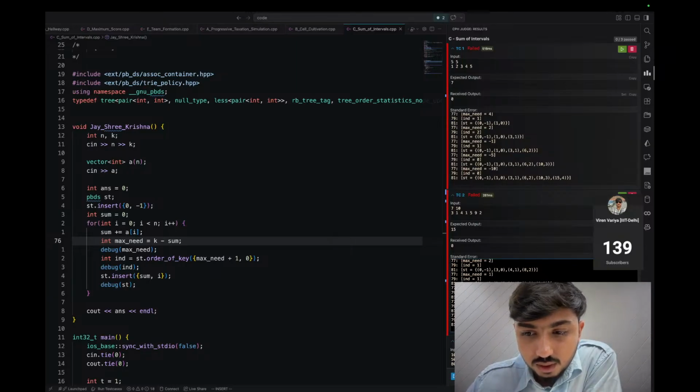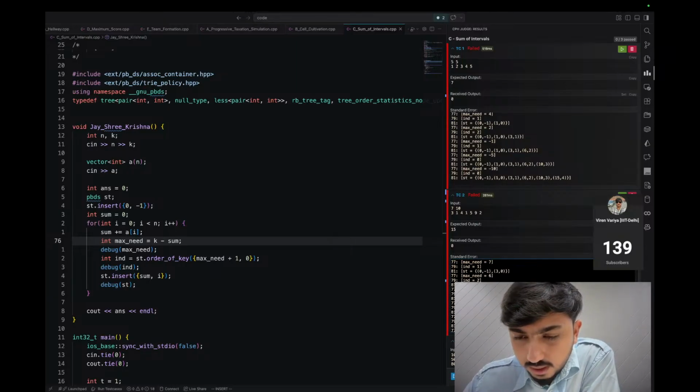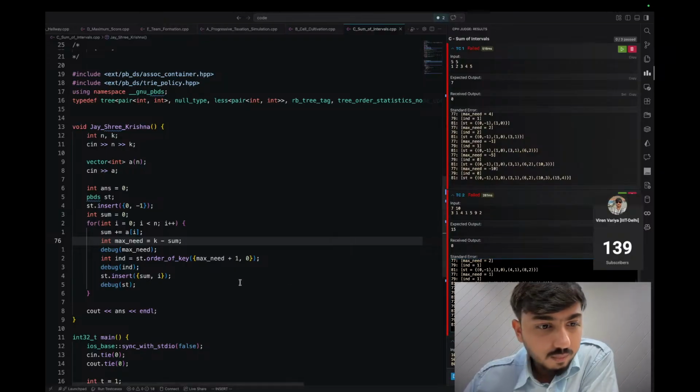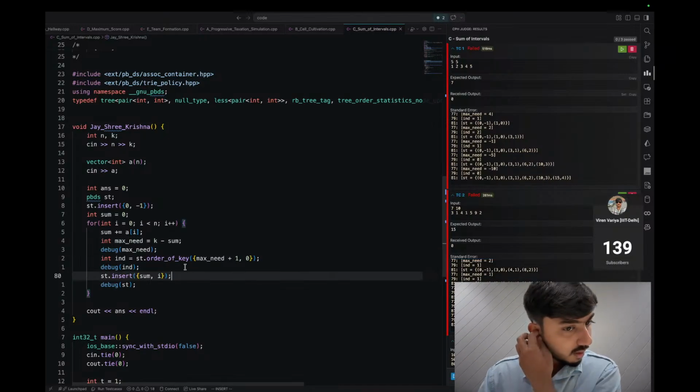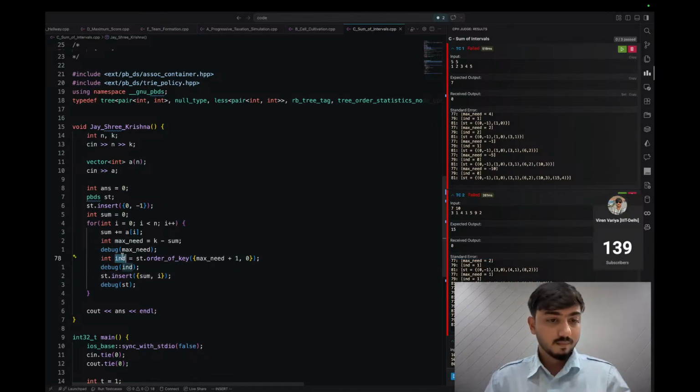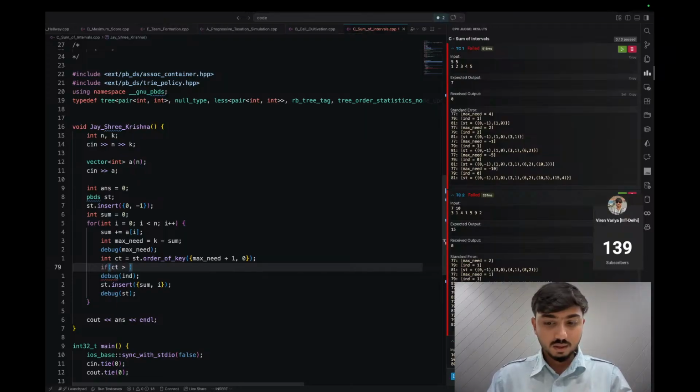I'm not able to understand why I'm getting minus 7, 6, 15, 16. If count is greater than 0, then answer plus equals count.